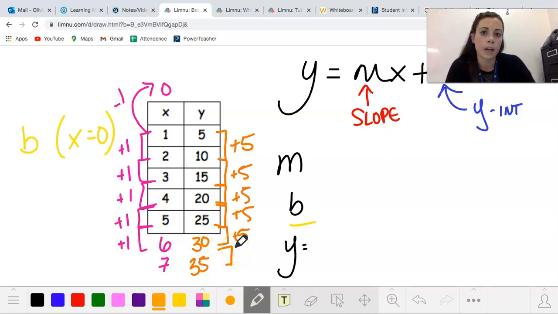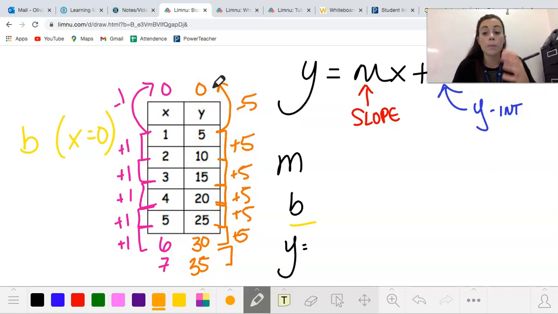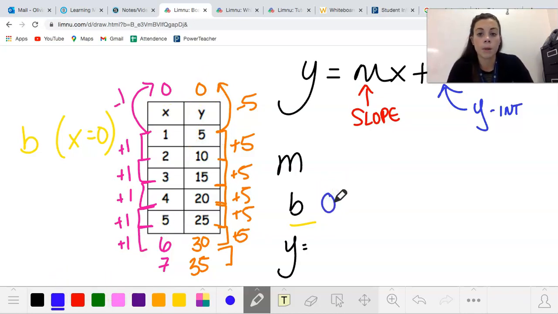That doesn't really help us right now. So what if I went back here? Instead of adding 5, I'm going to subtract 5, and 5 minus 5 is going to give me 0. So I know that my b is just 0. That's easy. That works, right?